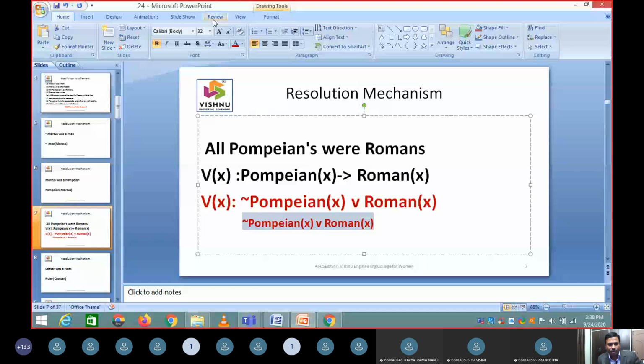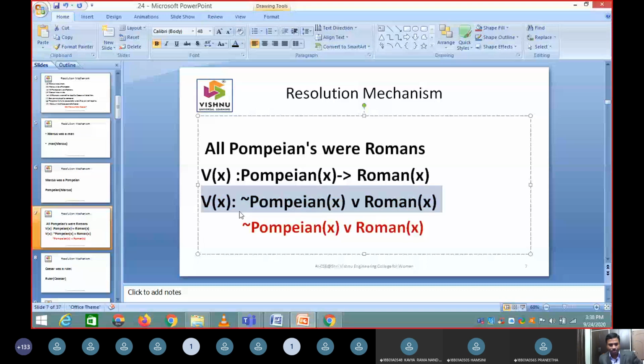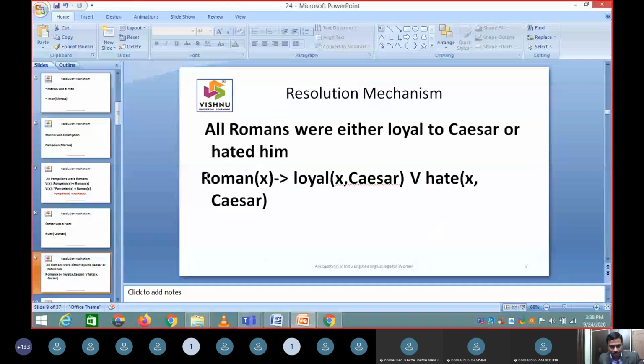This is what we are doing, and most probably since it has reached this time, we will see. This is an atomic statement. This is not an atomic statement because it was there with implication, so obviously I have to remove this implication.